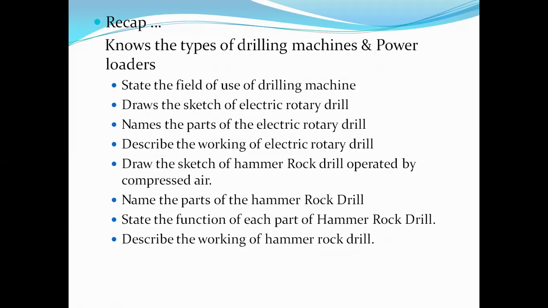It operates due to the pressure difference created in the two chambers of the jackhammer drill: the back chamber, called the rear chamber, and the front chamber. Because of this pressure difference, there is a to and fro motion of the piston, and along with the piston, the rifle bar also moves.